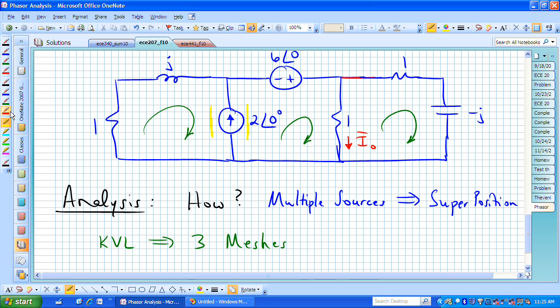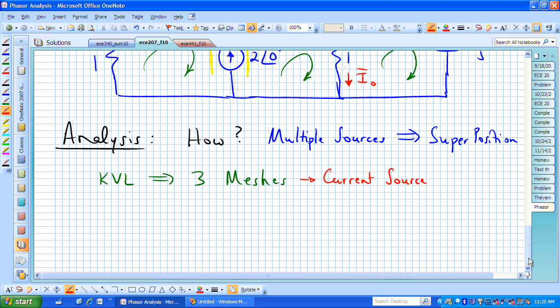And so that's going to give us a little bit of a difference. We aren't going to just have these 3 meshes. We have a current source, which we would then need to account for with a super mesh, since that current source is between meshes.